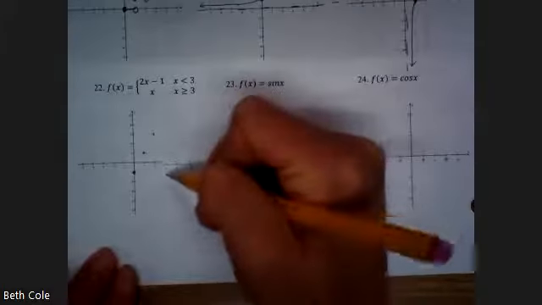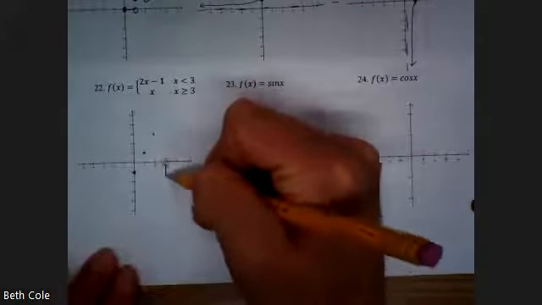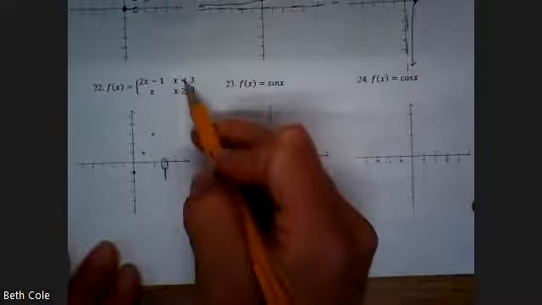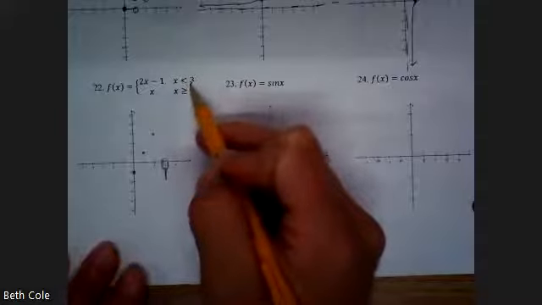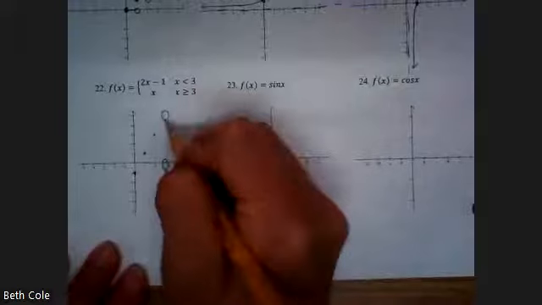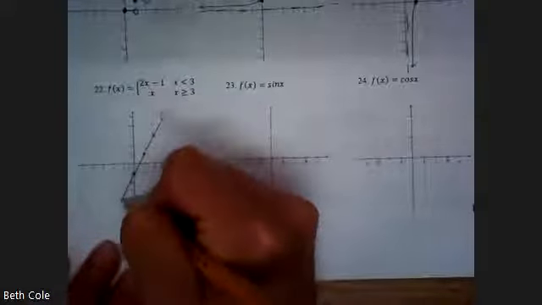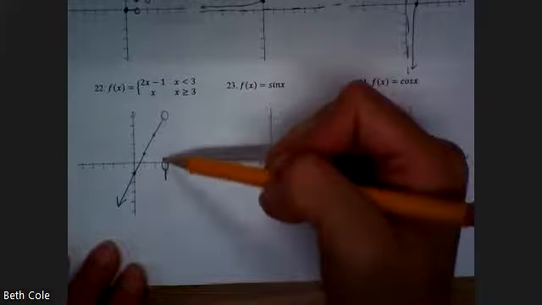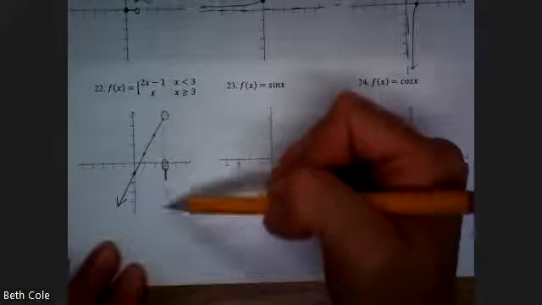But you have to stop when you get to 3 on the x-axis. This is where our break is gonna happen. And what kind of circle is it gonna get there? Open, good, because there's not an equal to. So an open circle right there. It looks sort of like a clock hand pointing to like 7 o'clock or something like that. But this is where the cut is happening.